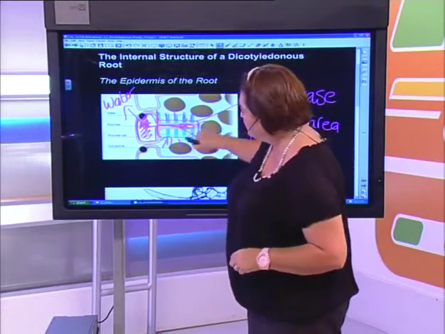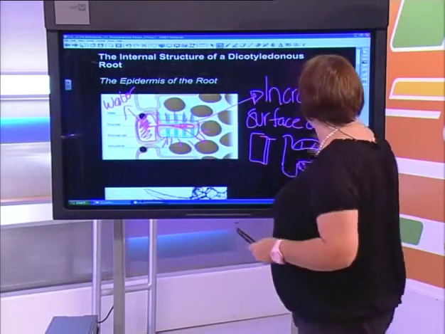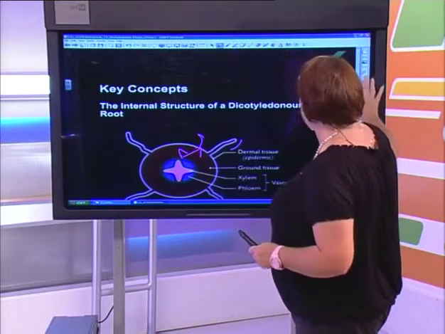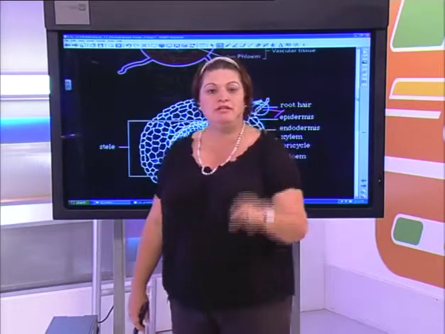Okay, see, most importantly. Also, what you will notice about the root, okay, I'm going to go back again. One label that you are not going to find when you get to the root, you will not find it because you do not need it, is a cuticle, right? A cuticle prevents the plant from water loss.